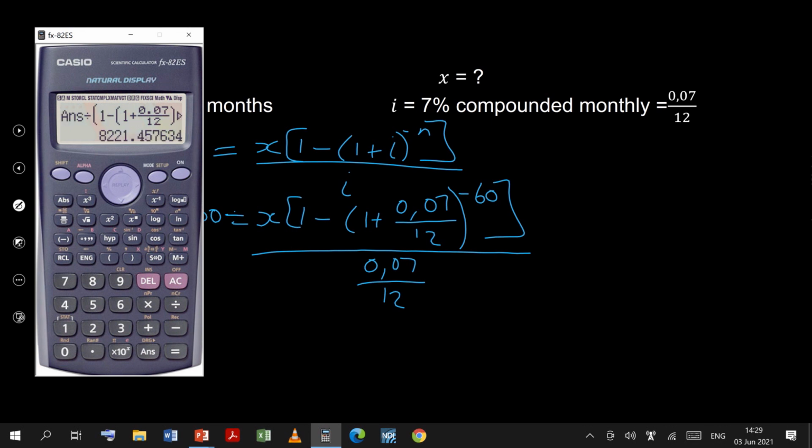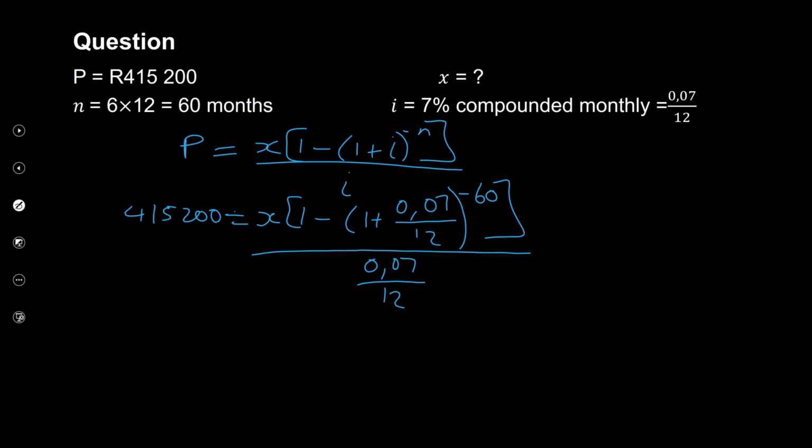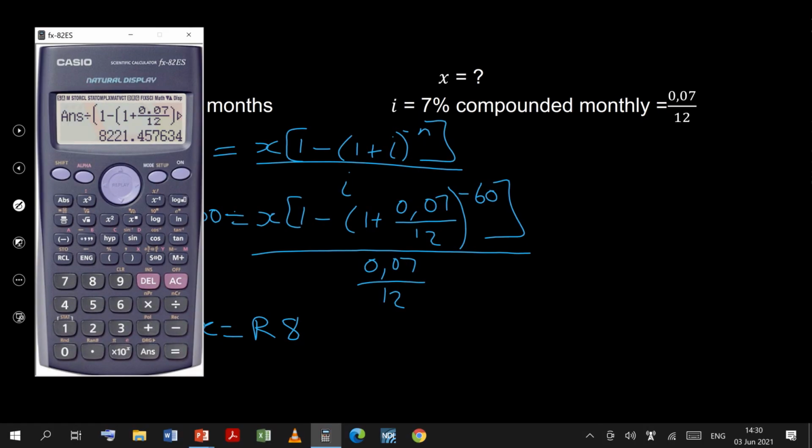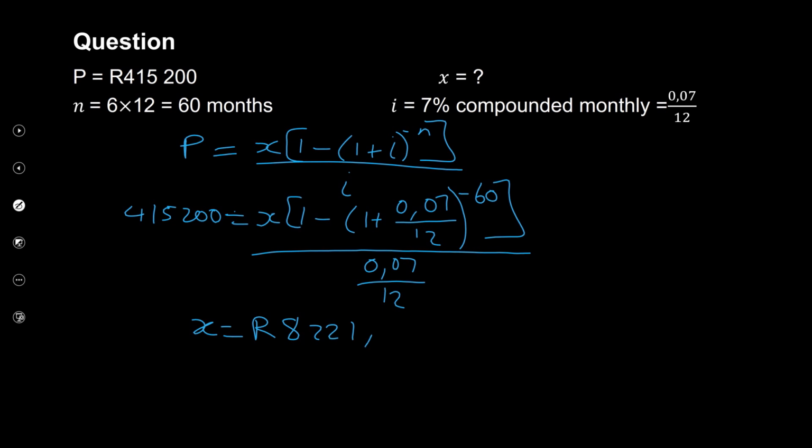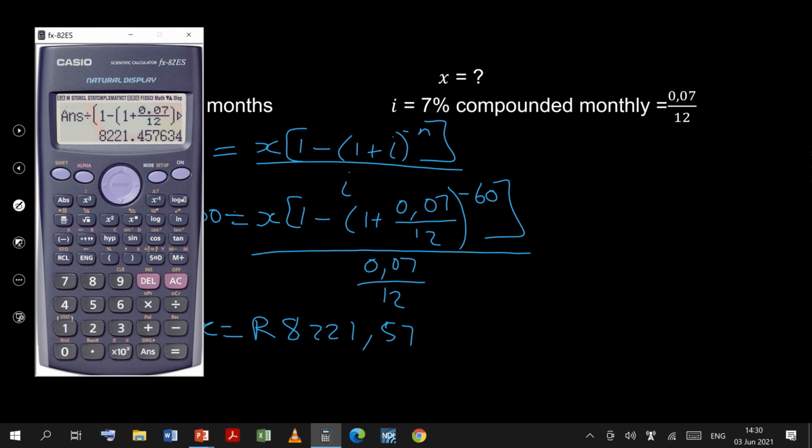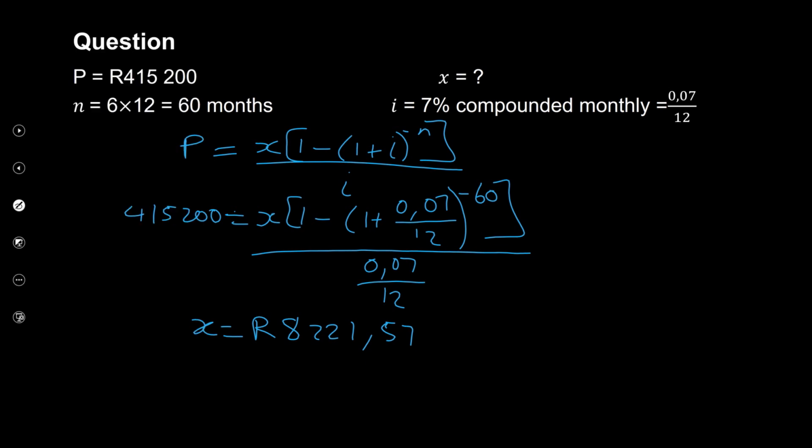So that will give me the monthly amount, which is going to be 8,221 and, I think, 57 cents. Oh, 46, not 57. I missed the 4. So it's going to be 8,221 and 46 cents that this person is going to pay.